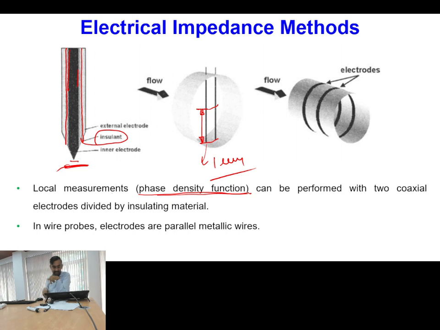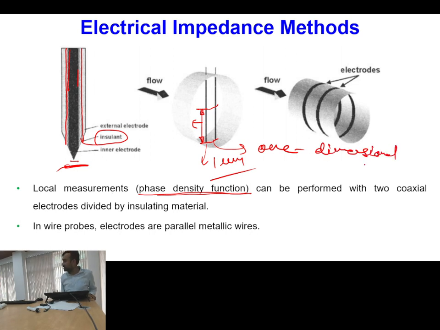So you know the precise length of the conductive fluid, and that gives you the one dimensional void fraction. Is this point clear? If the total length of the wire is L, you can know L liquid and L gas, and L gas by L gives you the one dimensional void fraction. So the benefit is that you can measure the one dimensional void fraction.